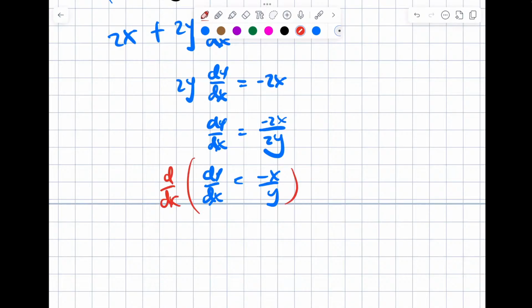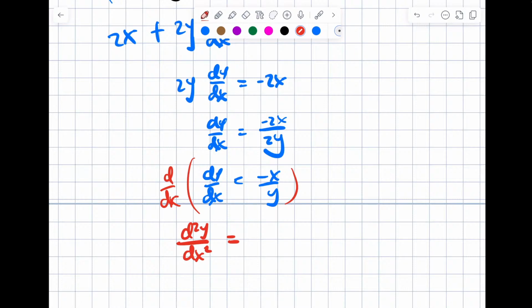Yeah, this is part of the algebra, okay? So I'm taking the second derivative. I'm going to get d2y/dx2. And the left side is not a problem. It just gets second derivative notation. But how about the right side? How do I take the derivative of negative x over y?